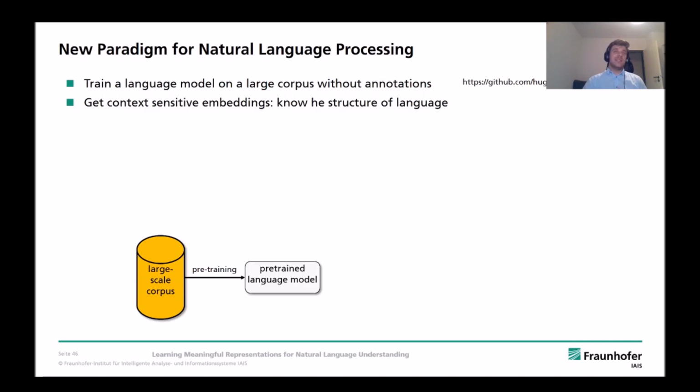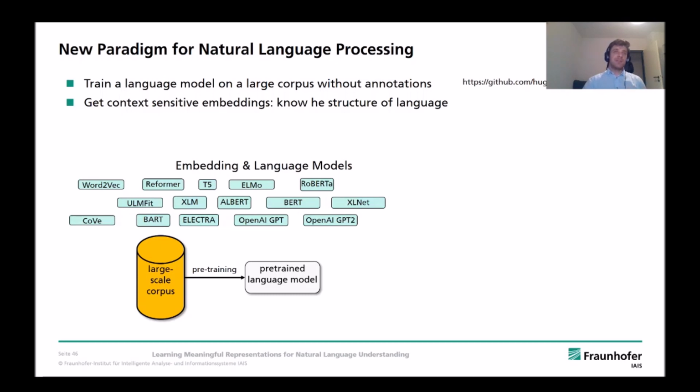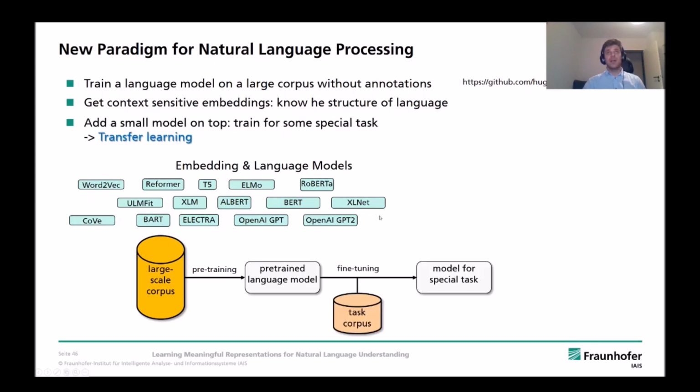We obtain context-sensitive embeddings, which know the structure of language. Examples for this are ELMo, as we've already seen, but also BERT or OpenAI GPT, which we're going to look at later. And then we specialize these models on certain tasks.